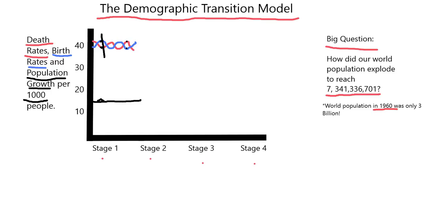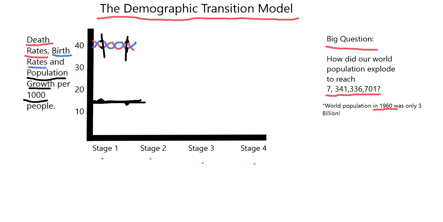That means you're going to have a little peak right there, right? Whereas over here, if you have high death rates and low birth rates, that's going to mean that you have a little valley or trough right there. All right, so you will see some variation along these lines, but the trend is relatively consistent and stagnant.